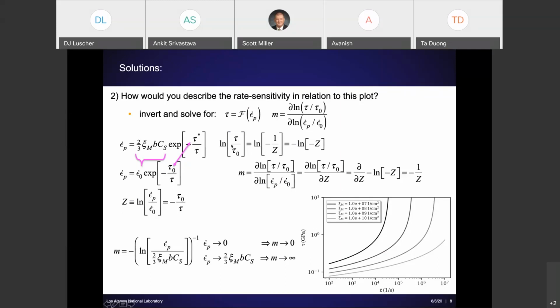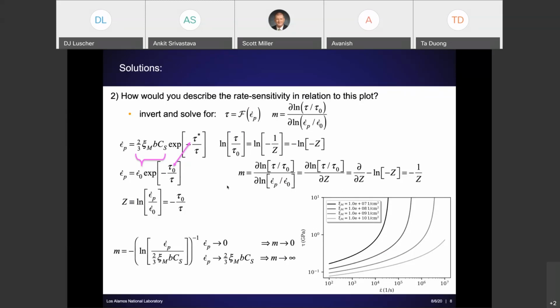Okay, but I want to get the log of the stress over the normalizing stress, tau 0, and then take the log of it. So based on just the algebra in this definition, I'm taking the log of minus 1 over z, which you can do however you want, but that was a useful identity for me in terms of performing the derivative that I need.